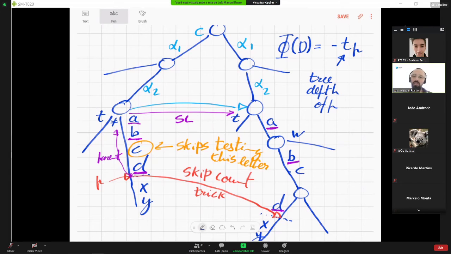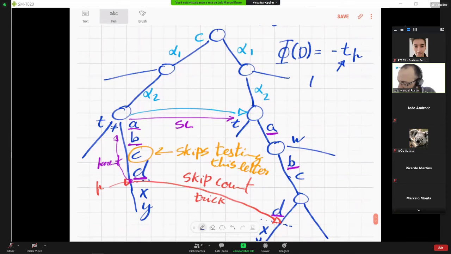Otherwise, we need to use the general equation. But minus the tree depth would be a good potential function for the skip config, right? Okay. Right. So basically, we can go here. Tree depth.